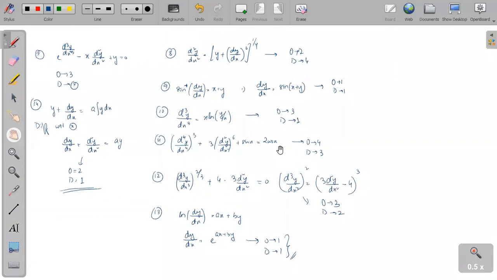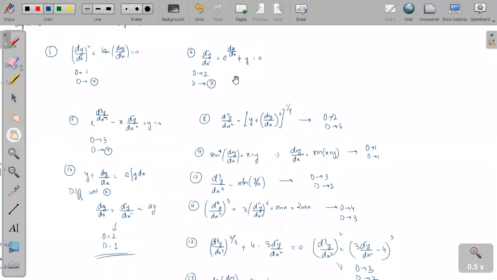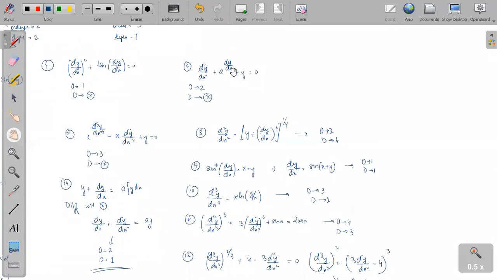Now tell me any doubt in this, any type of question. Just ask me. The sixth equation degree, sir. Which question number? 6. Yes, sir. Degree, why not defined? Because you cannot write this as a polynomial in derivatives. Because e to the power dy by dx है, आपको dy by dx को नीचे लेके आना है. You have to write a polynomial in terms of derivatives.